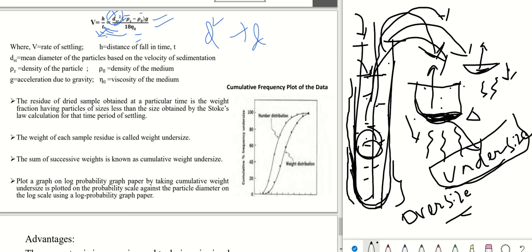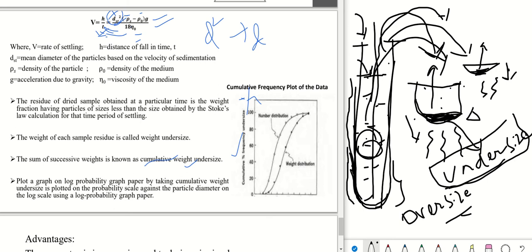By adding all the samples that are collected from the china dish, we will be able to get the cumulative weight undersize. Now this percentage cumulative undersize, when taken on the y-axis, we need to plot a graph.